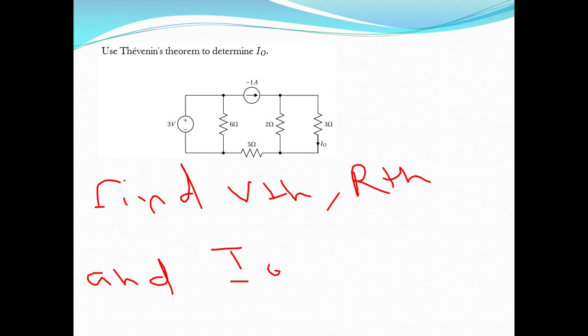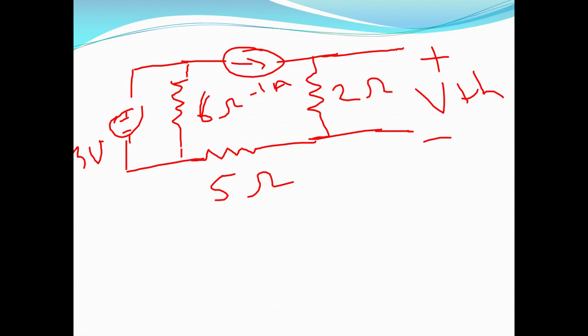To calculate the value of VTH, we draw a simple circuit which consists of a 3 volt voltage source, a current source of -1 ampere, and 3 branches of 6, 5 and 2 ohm. First we remove the load resistance of 3 ohm from the circuit and find VTH across the terminals of the load.